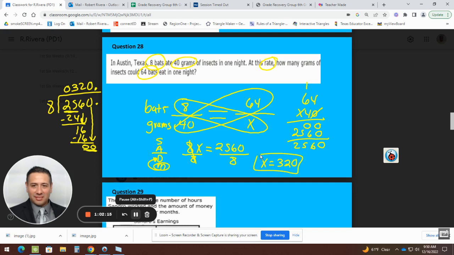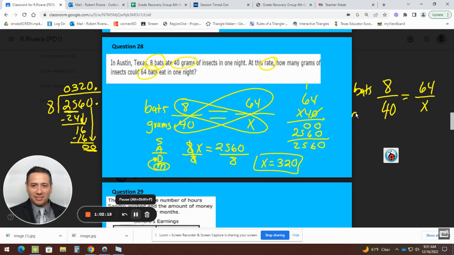They'll be eating that. Now, this is what I prefer you do. But if because of time or whatever, you could do this. You have to set it up the way I taught you, right? 64 bats over x grams.